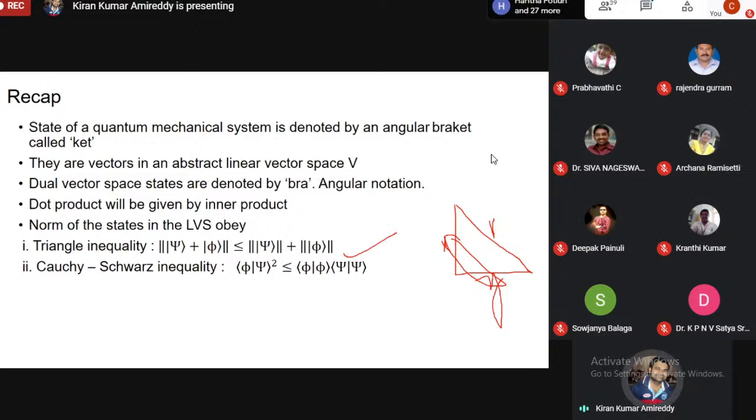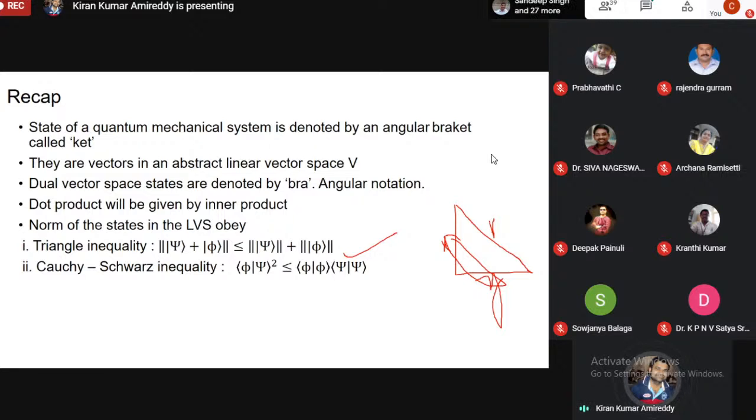Then this inequality can be, if you take the mod of that one, or square root, like if you take r square is equal to x square plus y square. So that will give like this one. But in the quantum state, we write this inner product will be only scalar. So this will give you the scalar.